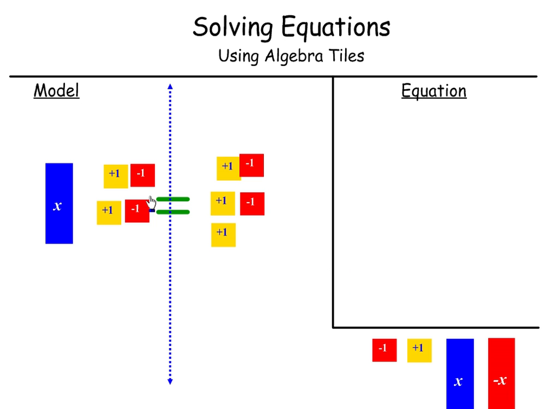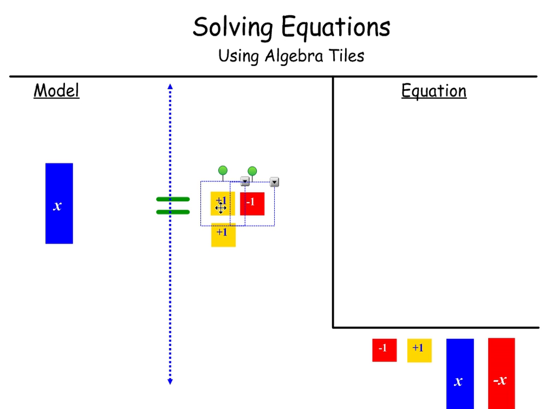Now if I put two reds over there, I got to put two reds over here. And I match up any yellows and reds together, and I just delete them. I do the same thing here. I do the same thing here. And I'm left with x equals 1.